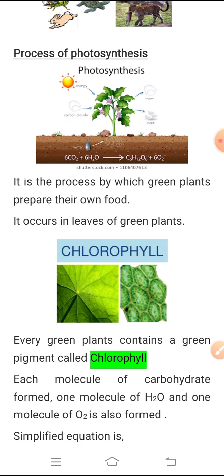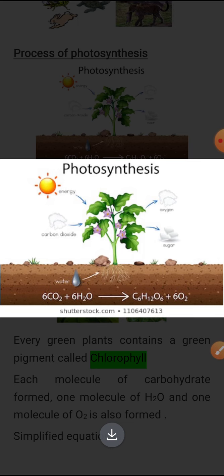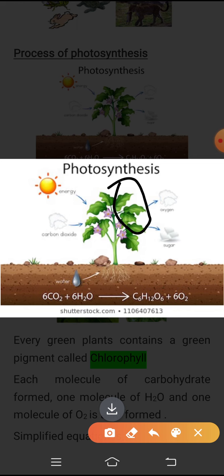So you know that all the green plants perform photosynthesis, right? At the time of photosynthesis, the green plants prepare their own food. The green plants prepare their food in leaves. Right?